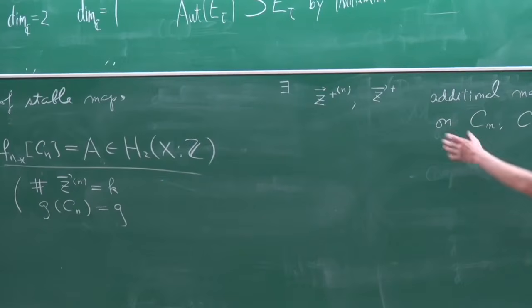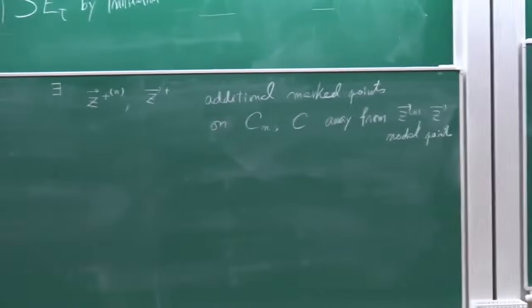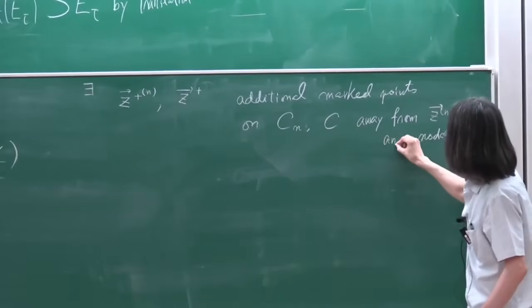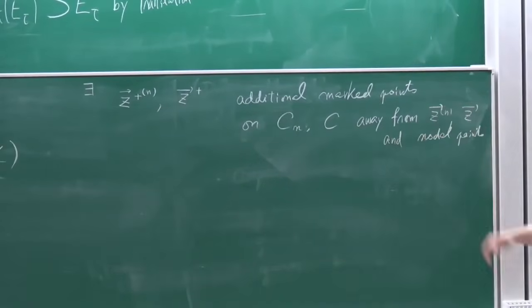We always assume that mark points are away from nodal points. And here we also assume that these new mark points are away from the previous mark points.